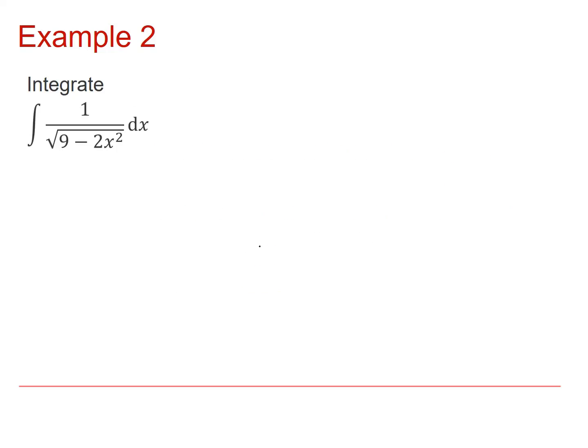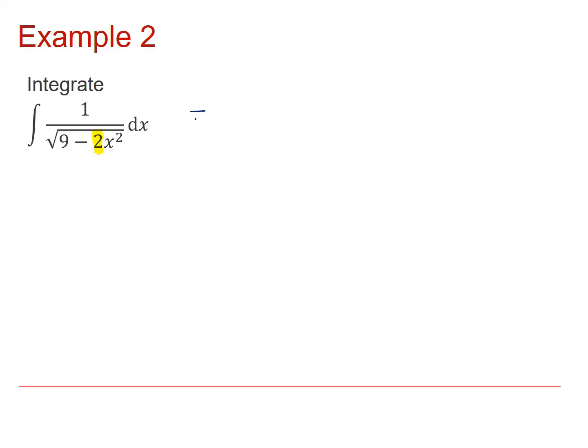So what about this one? Well, the issue I've got here is that I haven't got a single x squared. I've actually got 2x squared inside the square root there. So I'm going to need to do a little bit of work to get that down to something with just x squared. I'm going to factor out the 2, and take it right the way through and outside the square root.